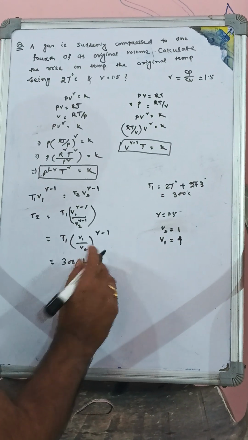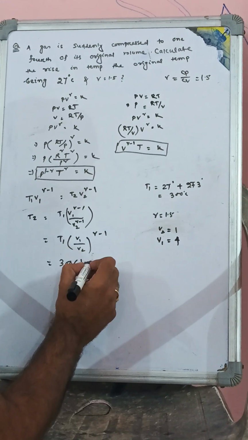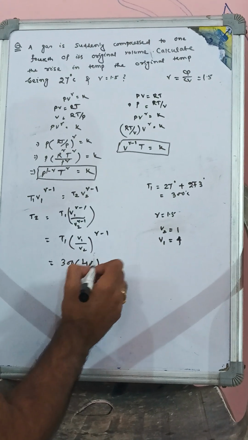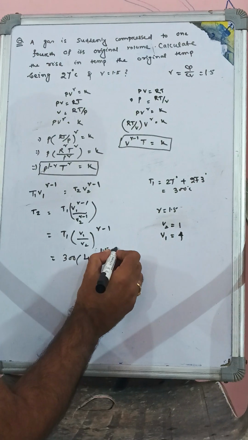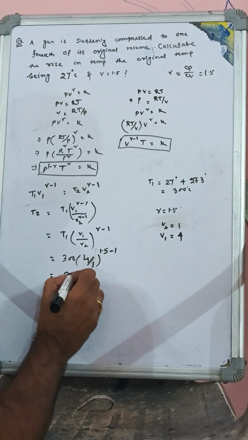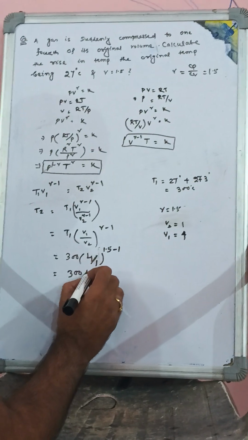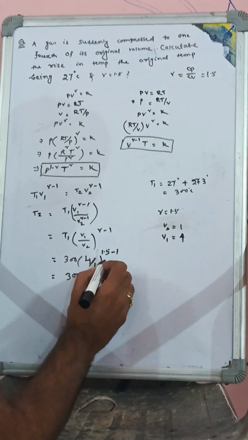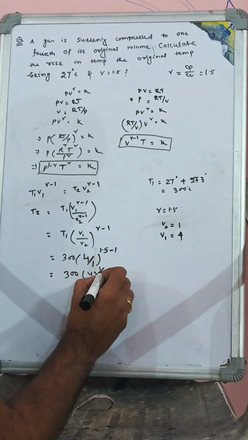So T2 is 300 into 4 by 1 to the power of 1.5 minus 1, that is 300 into 4 to the power half.